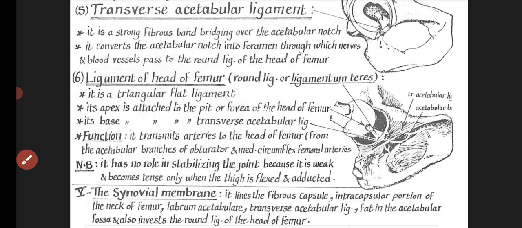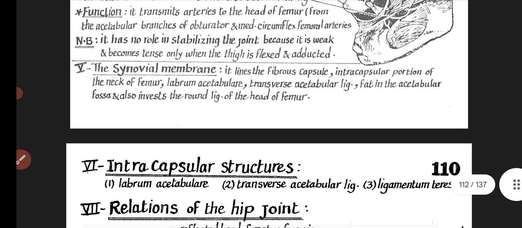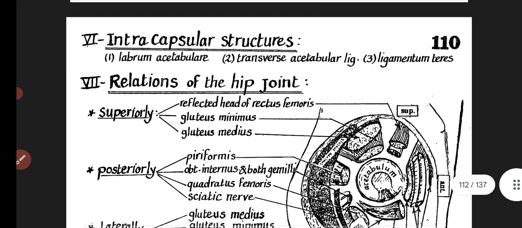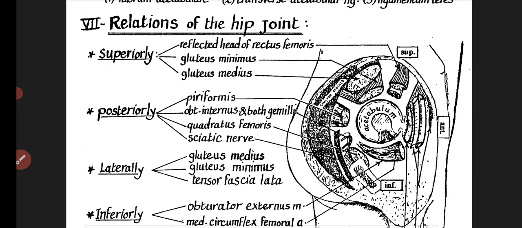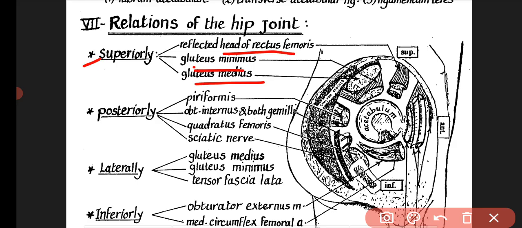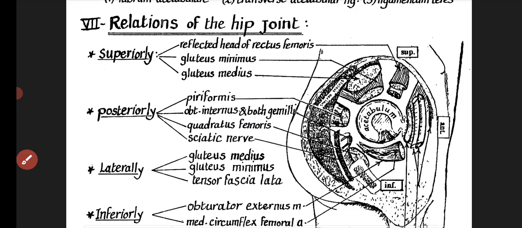Next, we will go to the relations of the hip joint. Superiorly, it is the head of the rectus femoris, gluteus minimus, and gluteus medius. Posteriorly, piriformis muscle, both gemelli, quadratus femoris, and sciatic nerve.